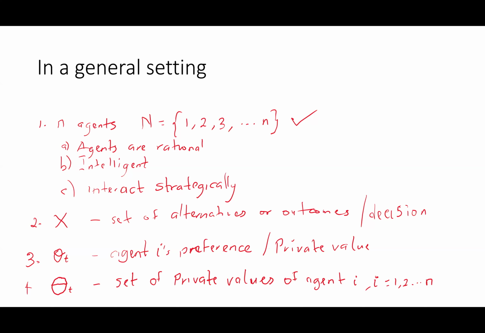So you have a set of preferences or private values. Each of these has its own value. At the end of the day, you select from the set that you have. So you have this set and then you select from this. Now, this is the outcome.